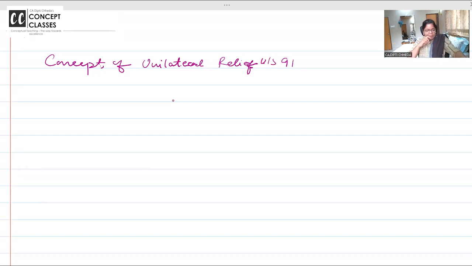Unilateral relief. Check all the conditions are satisfied, then we can give them the unilateral relief. Okay, so we are doing problem number 4. Is my speed fine? You all are able to take down from the screen?